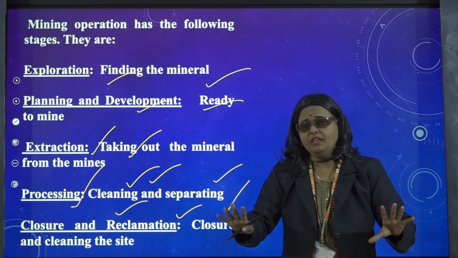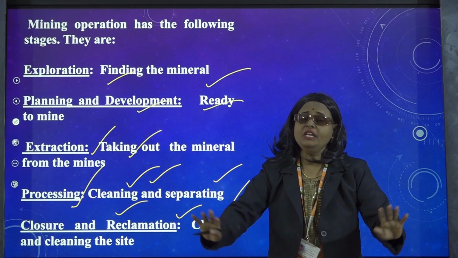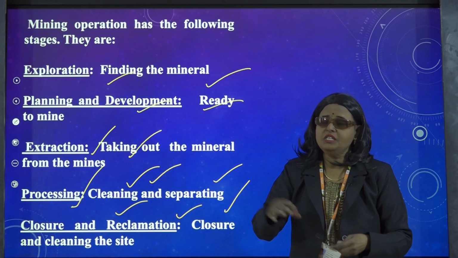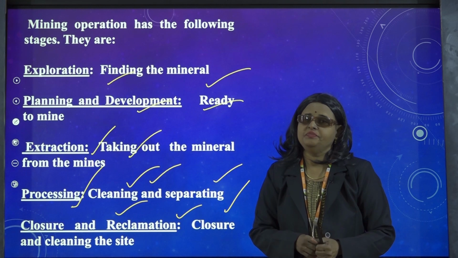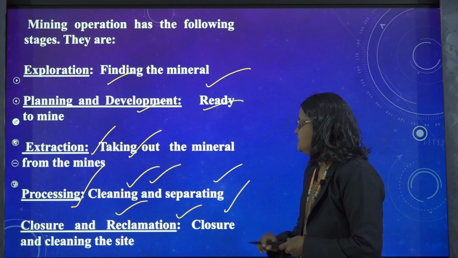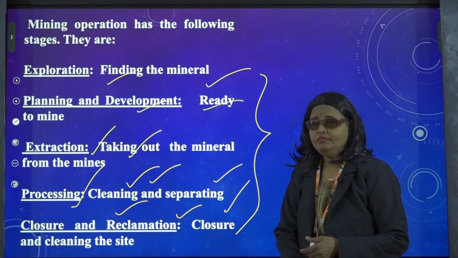All these should be immediately cleared. They will remove it, clear it, and go for reclamation. That means they will grow the plants there again. Understood? So, these are the stages in mining.